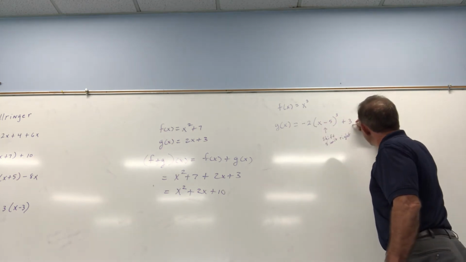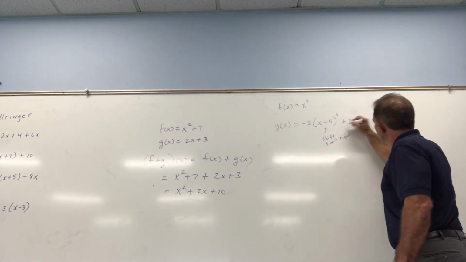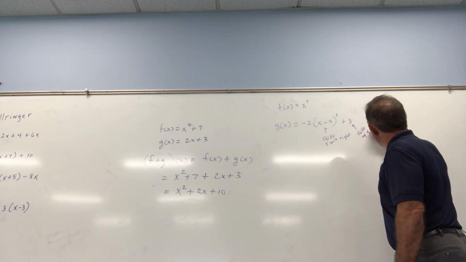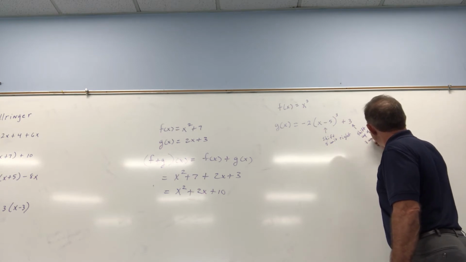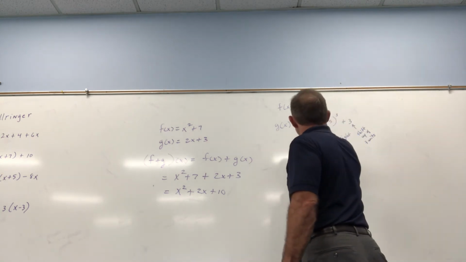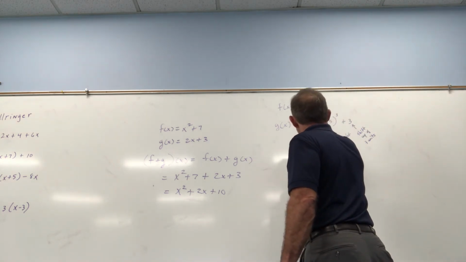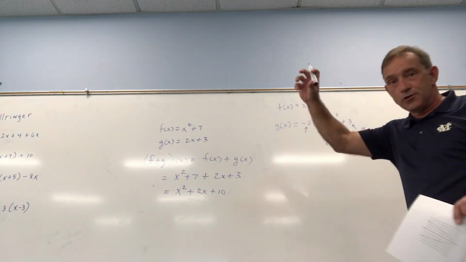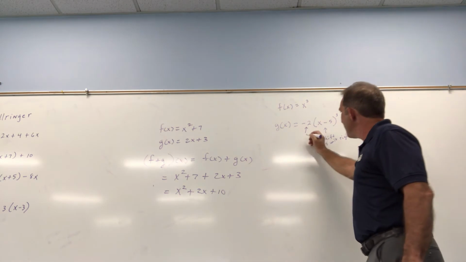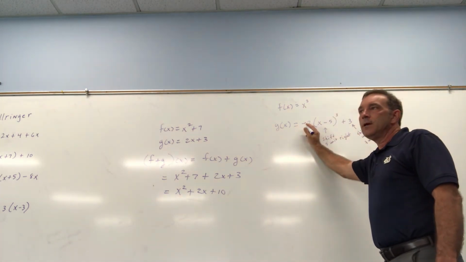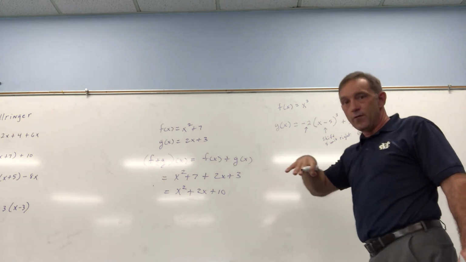And this, adding a constant on out here, tells you there's going to be a shift up of 3 units. And this right here, the fact that it's a 2 there means there's been a stretching by a factor of 2, and the fact that it is a negative means that it's been flipped over.